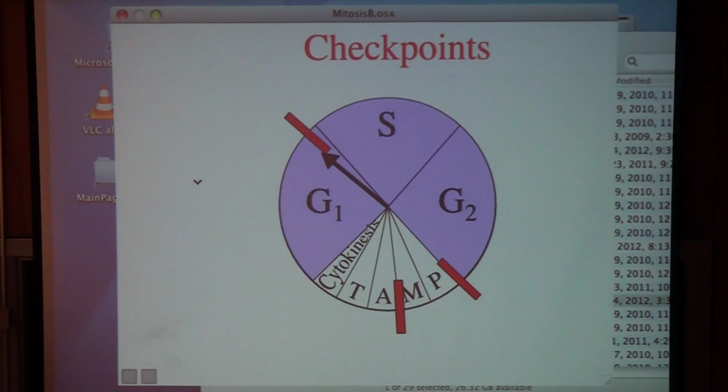This is probably the most important checkpoint of the cell cycle. It has a couple of special names. It's sometimes called the restriction point. The reason I say it's the most important of the three is it's the normal stopping point for cells in the body. There are a lot of different varieties of cells in your body, skin cells and stomach cells and bone cells and cartilage cells and blood cells.